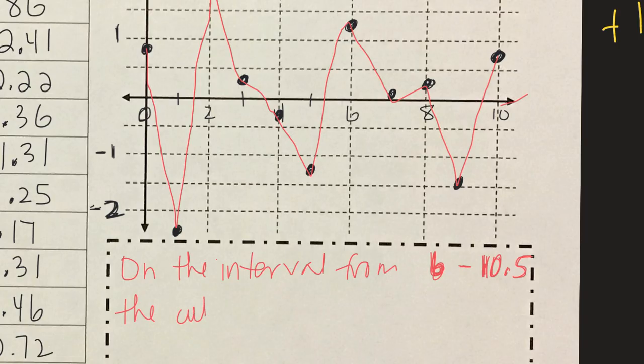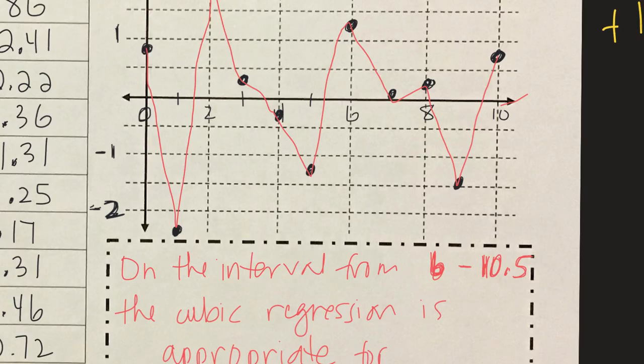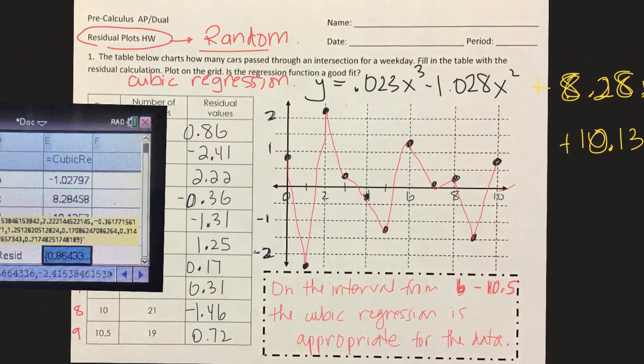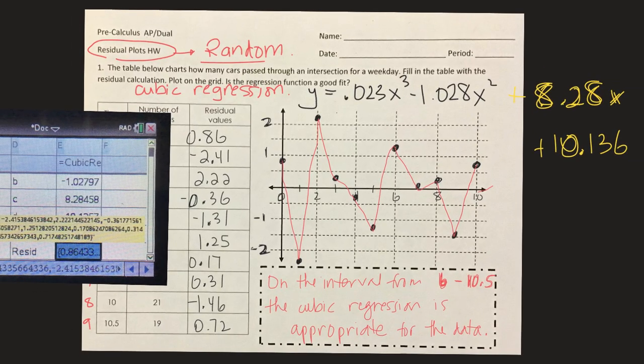The cubic regression is appropriate. So yes, it's a good fit, but the residual is talking about the appropriateness only from 6 to 10.5. After this, we don't know what's going on, but on our interval for our given data, this cubic equation that we wrote is pretty good. It's pretty appropriate in order to model this data.